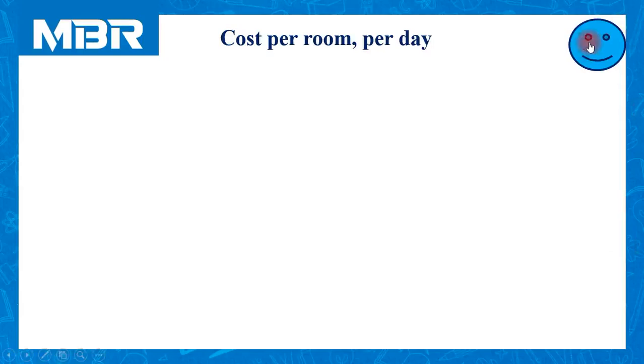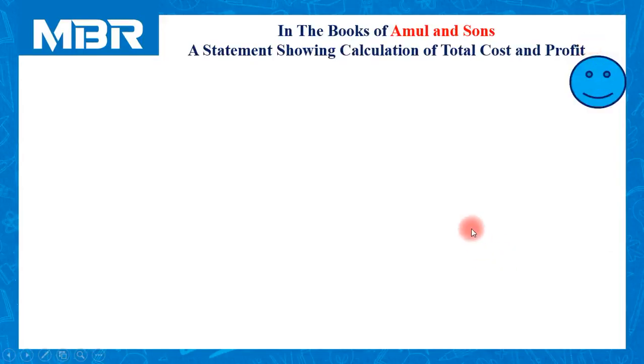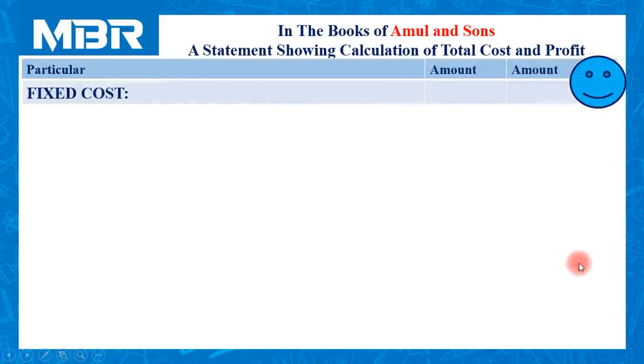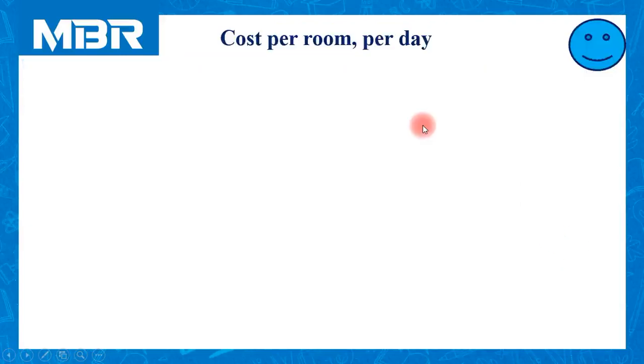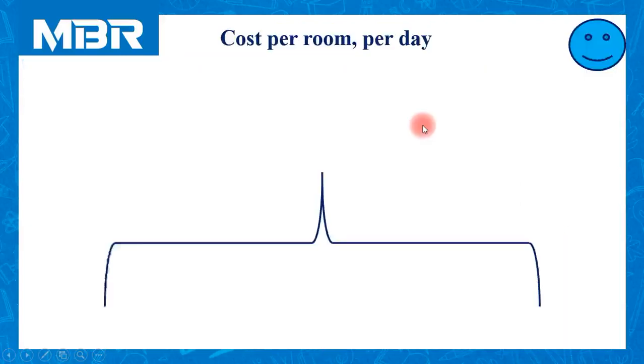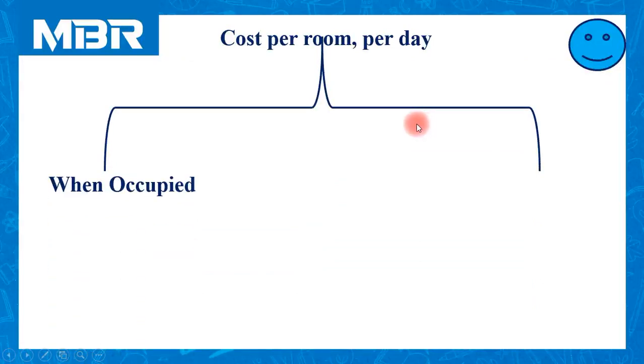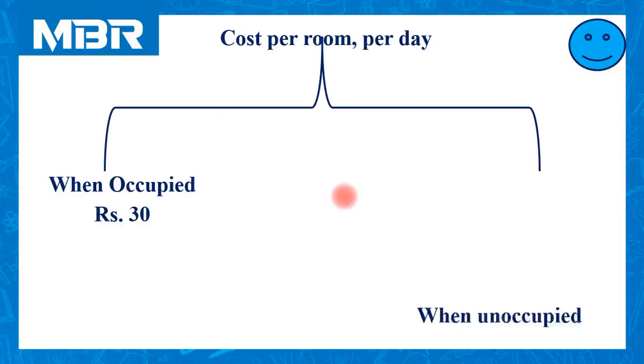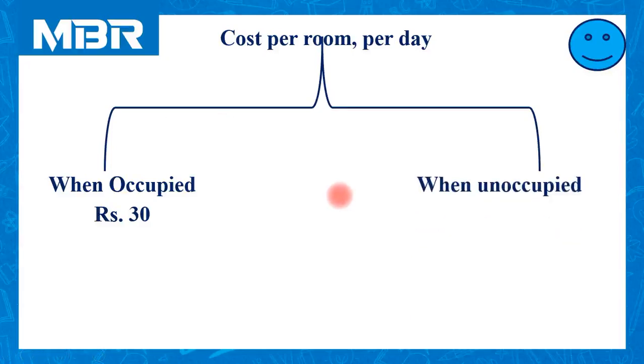Cost per room per day is given with two different pieces of information. The first is when rooms are occupied: the expenditure per room per day is rupees 30. When rooms are unoccupied, the expenditure is rupees 4 per room per day.